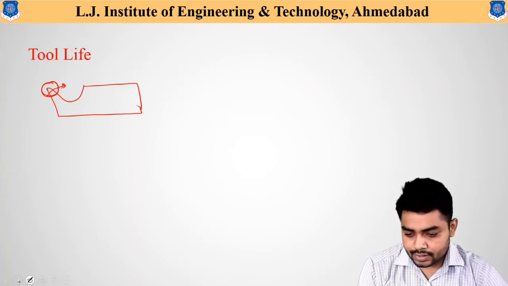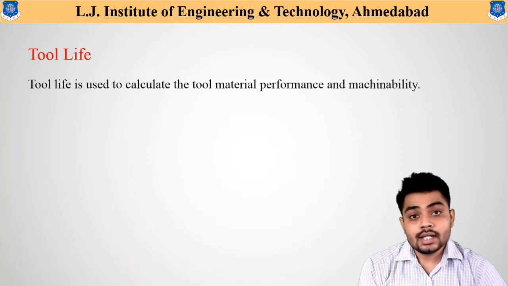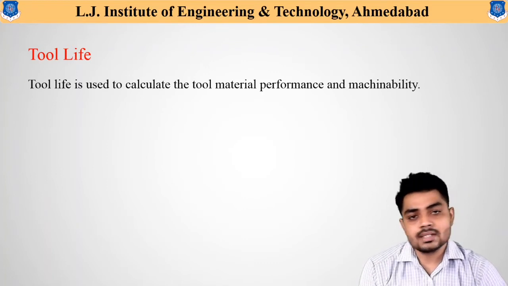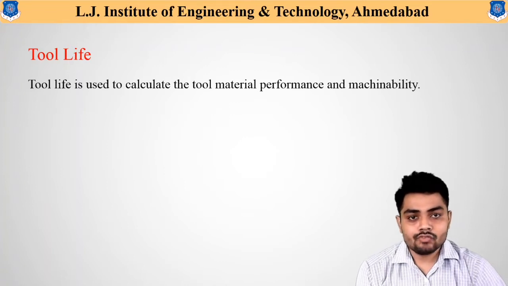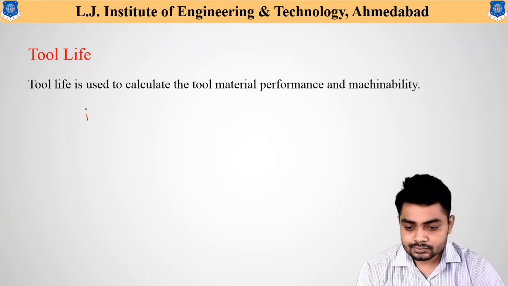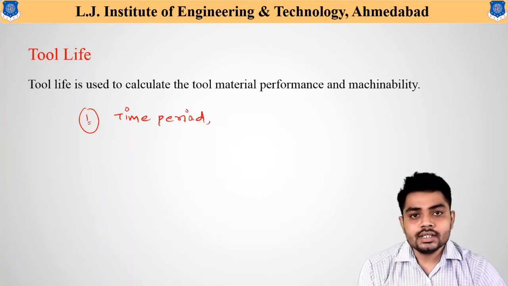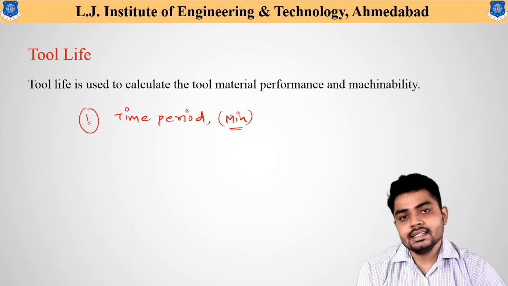So if we define the tool life, it is used to calculate the tool material performance and its machinability. And this tool life can be defined in many different ways, from which the first one is the time period up to which a single point cutting tool is useful to remove the material, and it is always considered in minutes.